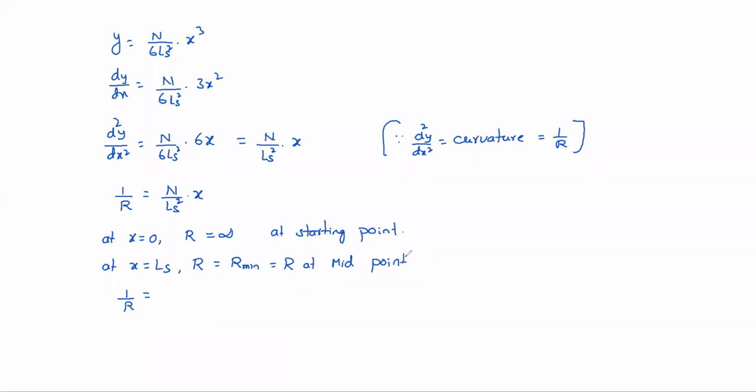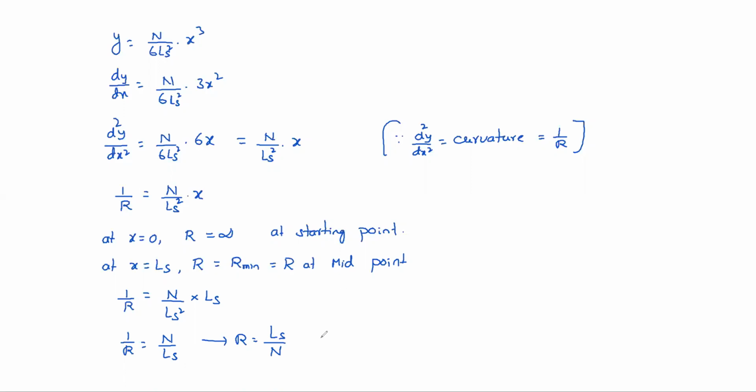So 1 by r equal to n by ls square, x is ls, right? x is ls, so cancel that, and what is r? Find it out. Now 1 by r equal to n by ls, or r equal to ls by n. So that is the r at midpoint.